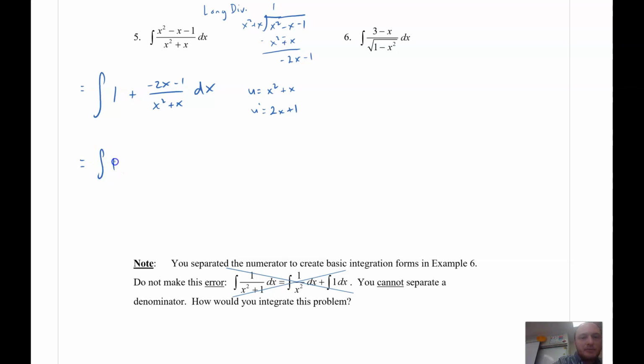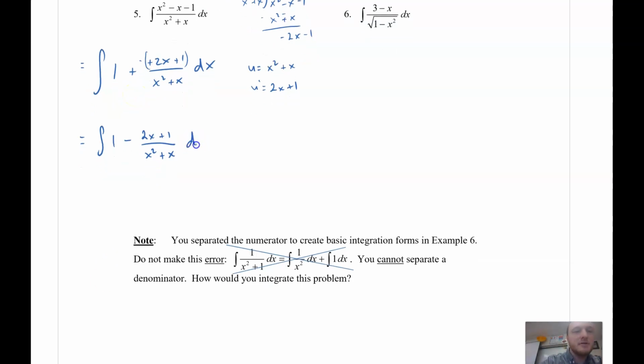So we have the integral of 1 minus 2x plus 1 over x squared plus x dx. And if you're wondering about the legality of that, I'm taking out a negative here, which makes this positive, and then this turns into a negative.